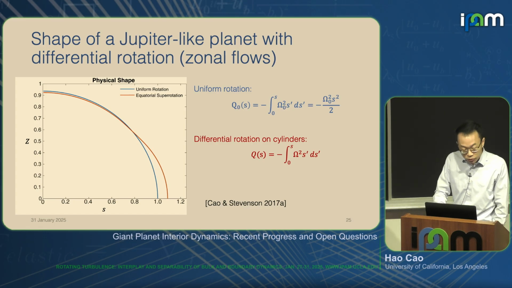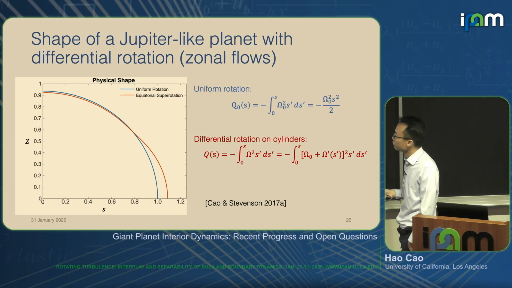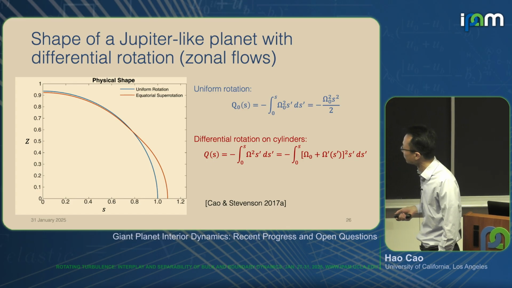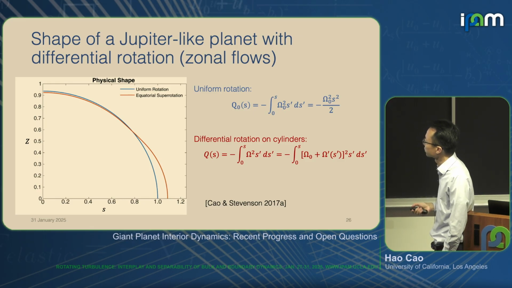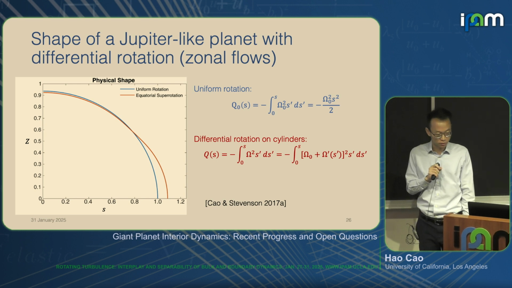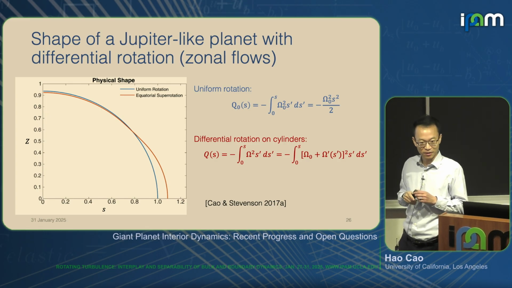If the differential rotation is entirely on cylinders, it turns out that you can still solve the whole equation using potential theory, because you can simply change your centrifugal potential to include the differential rotation term. Right? This is only true if the differential rotation is on cylinders. This is like a coincidence with Taylor's constraints.